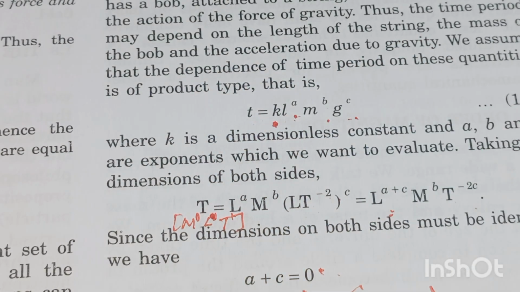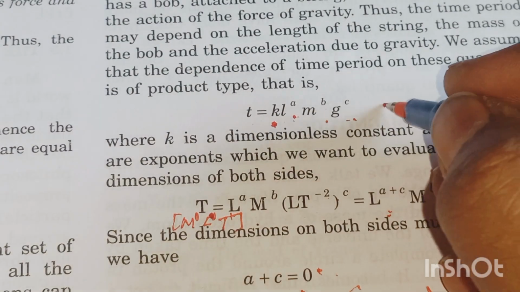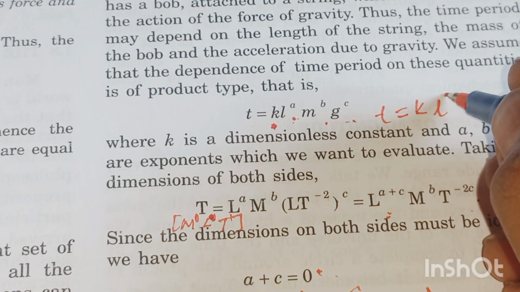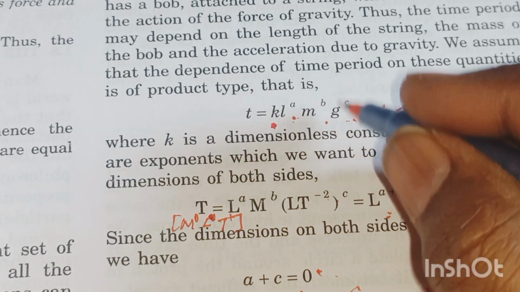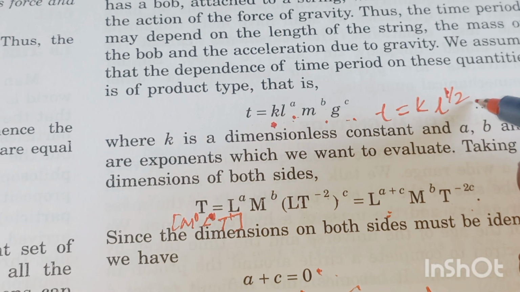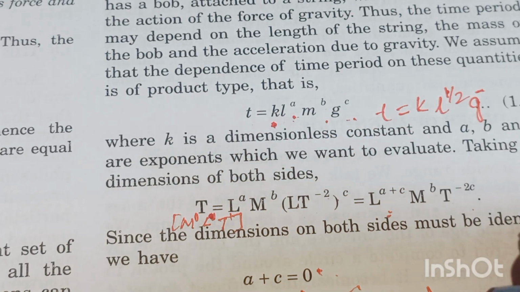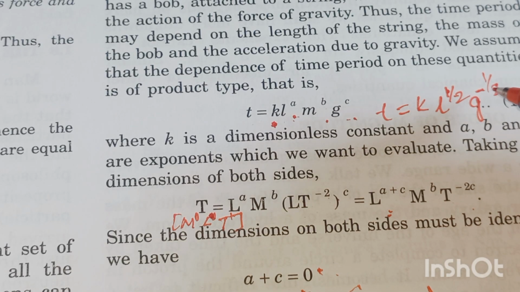Then T is equal to k L raised to half, M is 1, and G is G raised to c, c is minus 1 by 2.